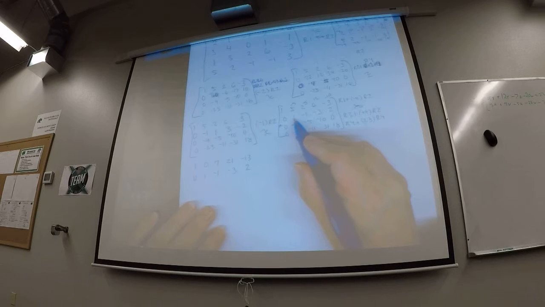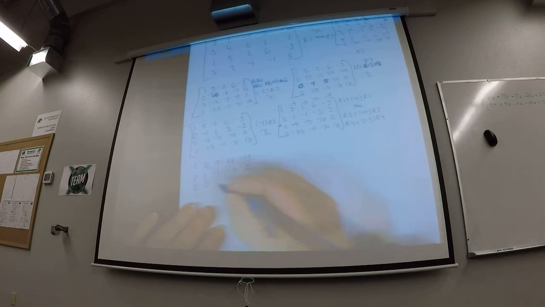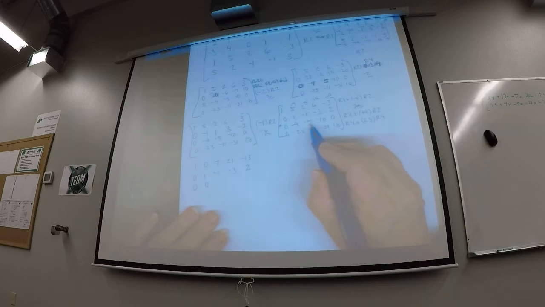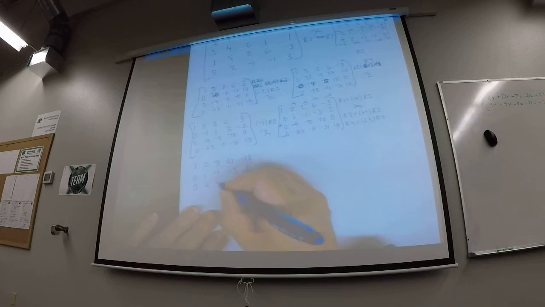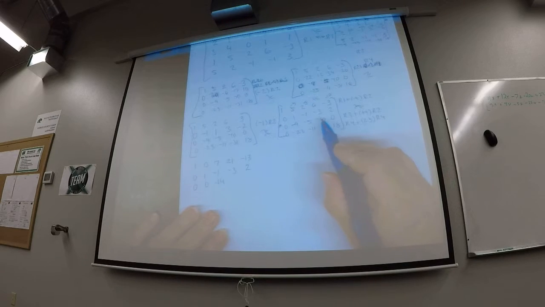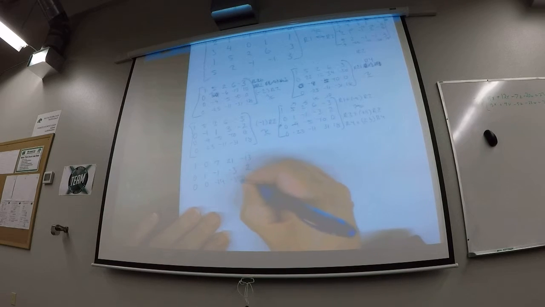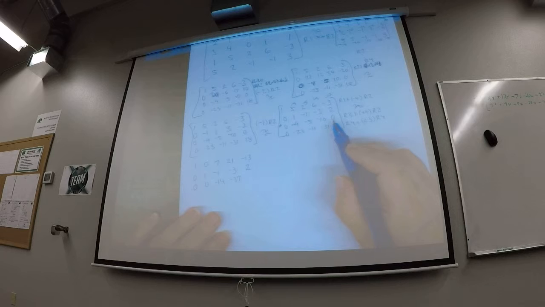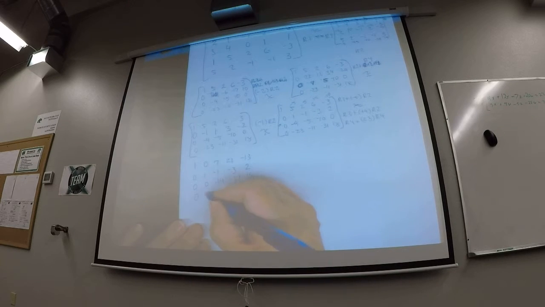So 0, positive 9, and then negative 9 plus 5 is going to be negative 14. Negative 27 plus negative 10, negative 37. You guys got to make sure on this one because 18 plus 0 is 18. 0, 0.